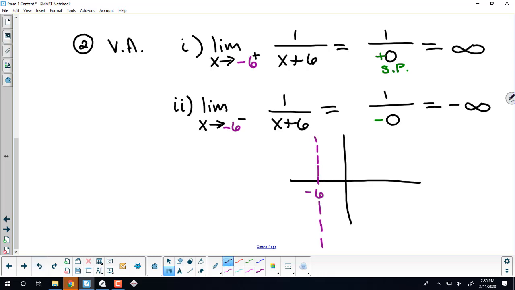And so we know the function from the right of -6 is approaching positive infinity. The function's over here doing something, but as we get closer and closer to our asymptote, the function's up here. From the left of -6, as we get closer, the function's way down here.